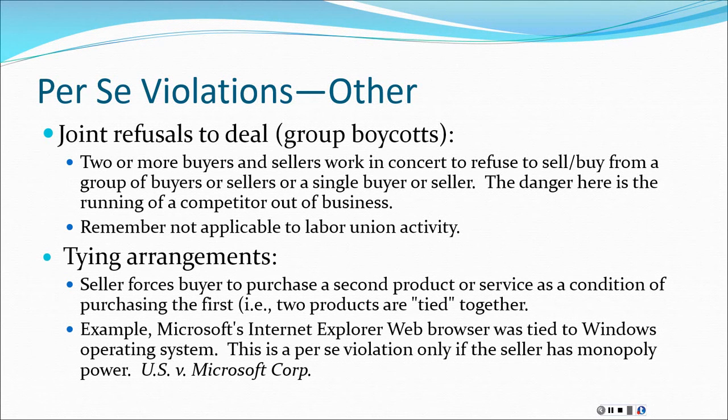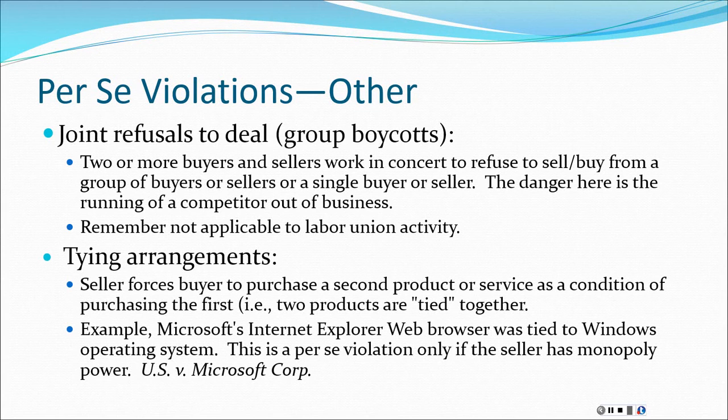The second per se violation can be tying arrangements. Now, a tying arrangement is one in which the seller forces the buyer to purchase a second product or service as a condition of purchasing the first, meaning the two products are tied together. This is the same type of tying arrangement that is illegal under Section 3 of the Clayton Act.